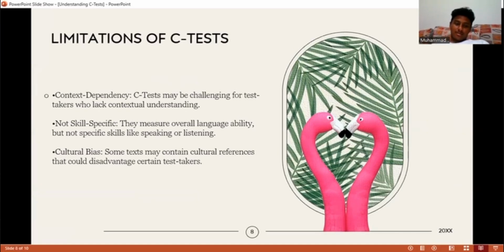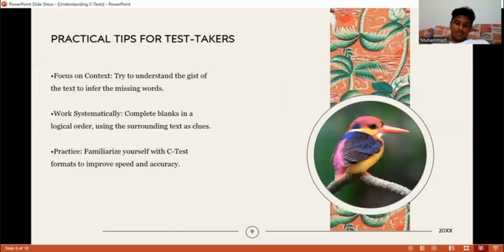Cultural bias: some texts may contain cultural references that could disadvantage certain test takers.